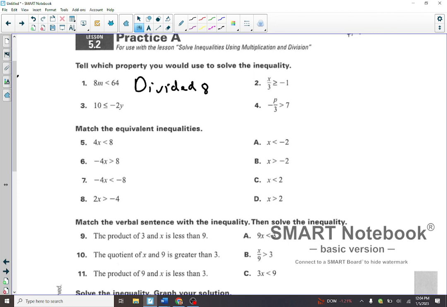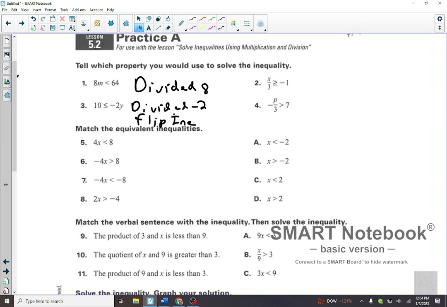But the important part here is in number 3, because I would divide by a negative 2, you will flip the inequality. I'll just be short with INP, inequality. You would flip the inequality because I divided by a negative 2.